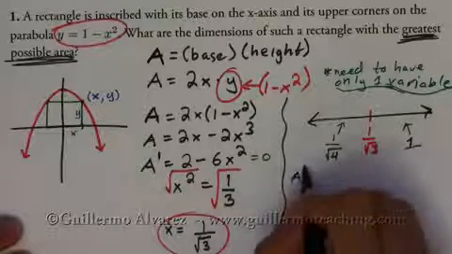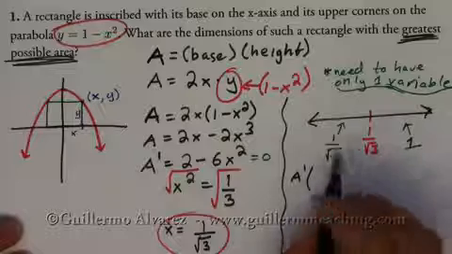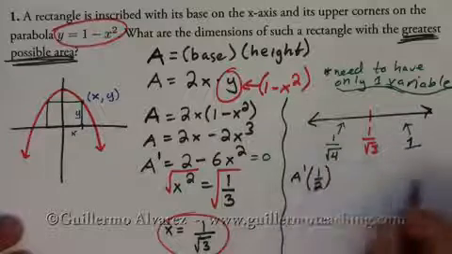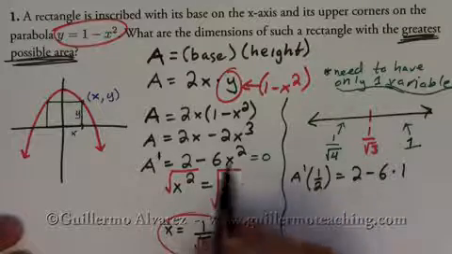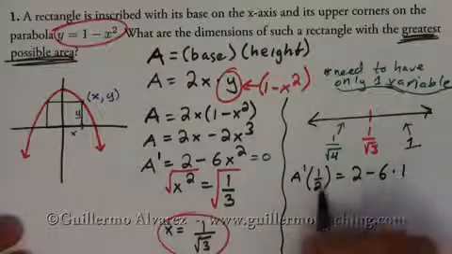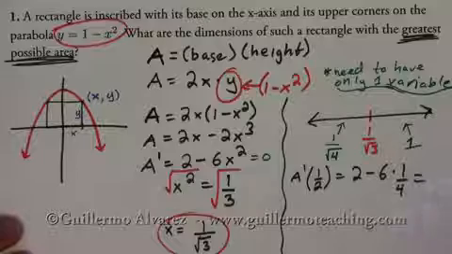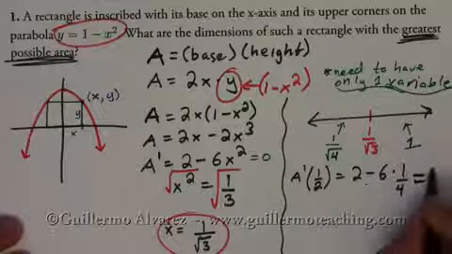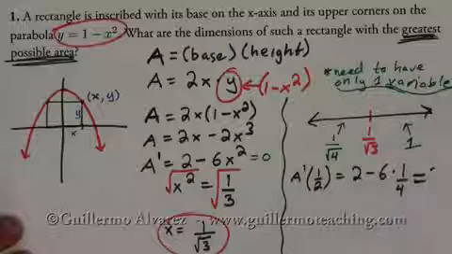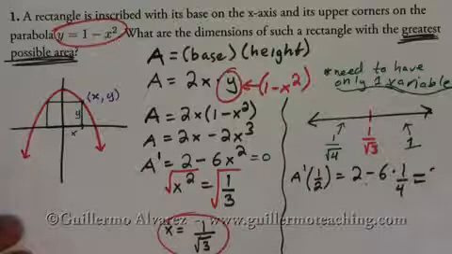The derivative, well, 1 over root 4 is really 1/2. So this is 2 minus 6 times x squared, and 1/2 squared is 1/4, so this is 2 minus 6 over 4.